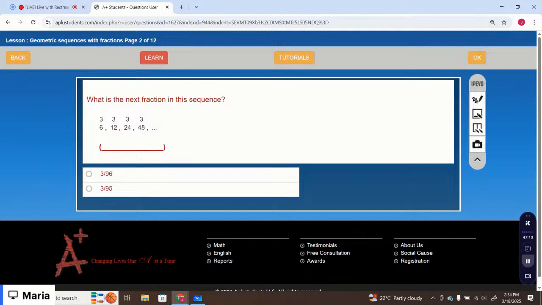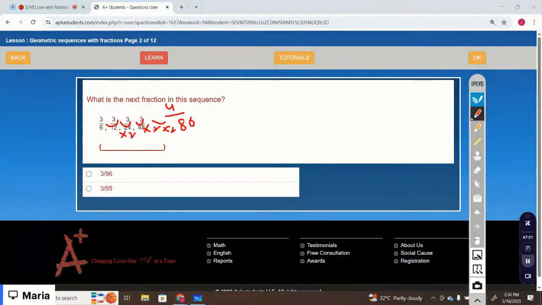What is the next fraction in the sequence? 3 by 6, 3 by 12, 3 by 24, and 3 by 48. So the numerator is the same. Just look at the denominators, how they are going. 6 times 2 is 12, 12 times 2 is 24, 24 times 2 is 48, and 48 times 2 is 96.